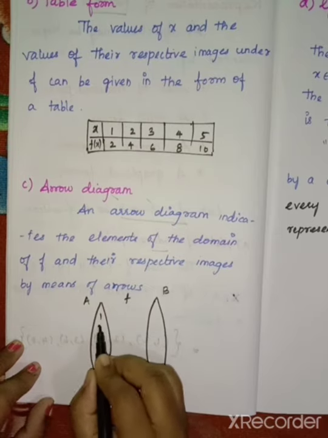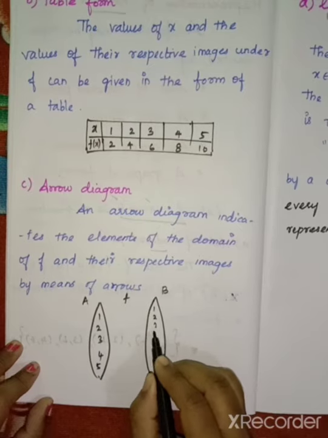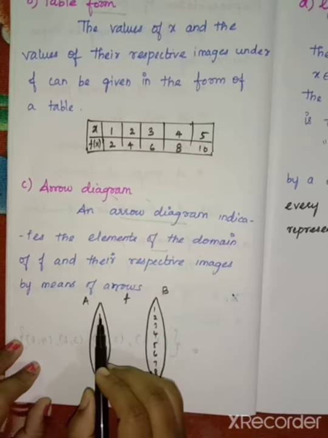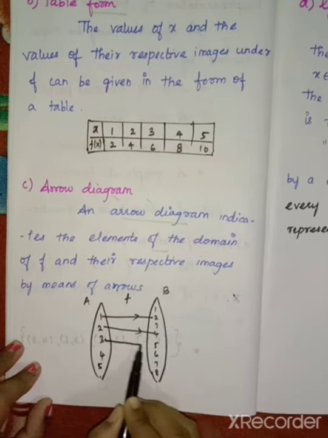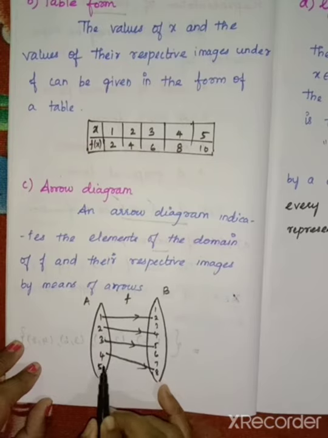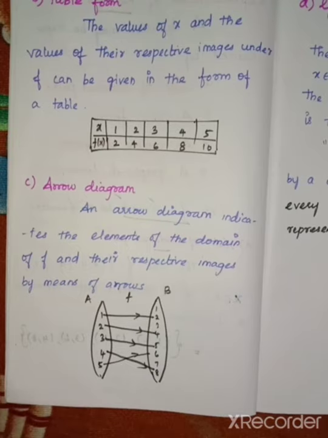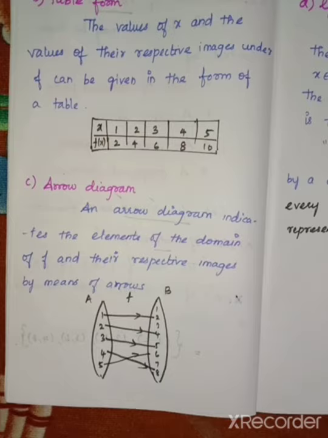The A set is 1, 2, 3, 4, 5 and the B set is 1, 2, 3, 4, 5, 6, 7, 8 like that. Then for 1 we draw an arrow to 2, 2 to 4, 3 to 6, 4 to 8, likewise 5 to 10. So likewise for all the domain we must have respective images. That alone is a function, otherwise it is wrong. To be a function, every element of the domain must have a respective image.